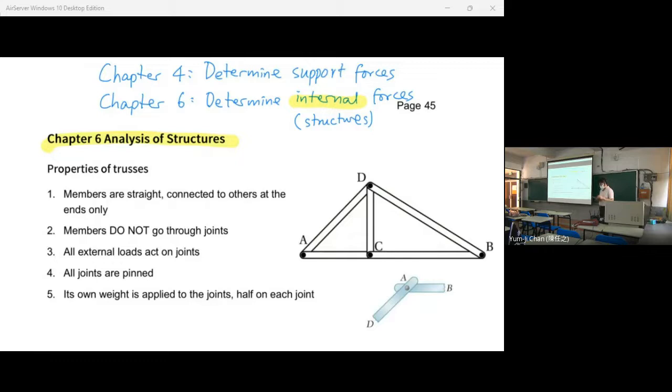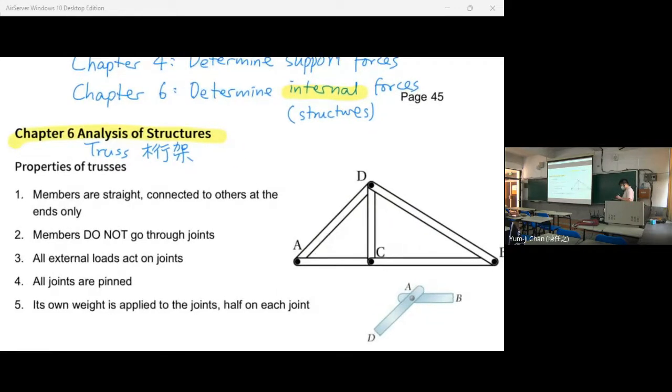For this kind of structure, we call it a truss. And in Chinese, it is this one. So your spaghetti bridge would look like a truss usually.